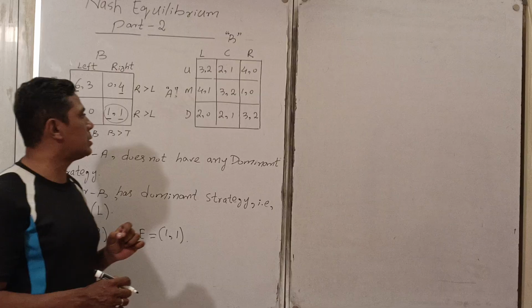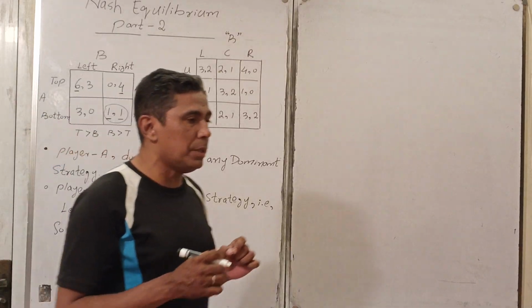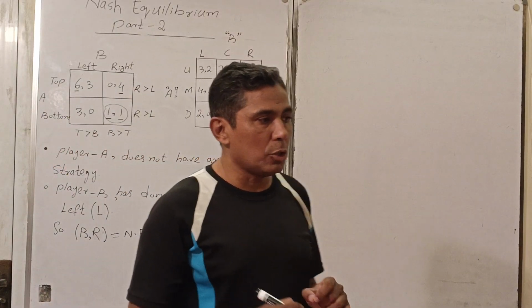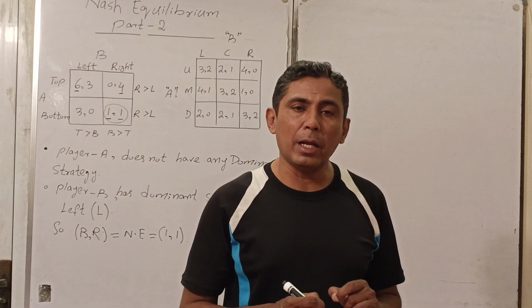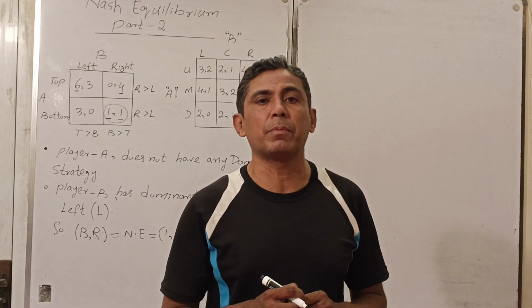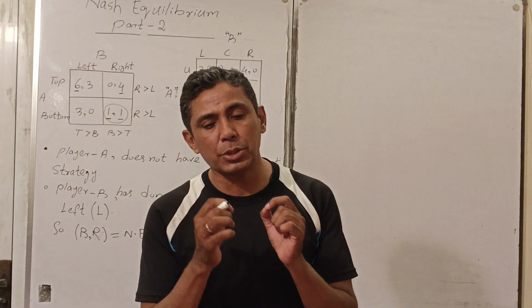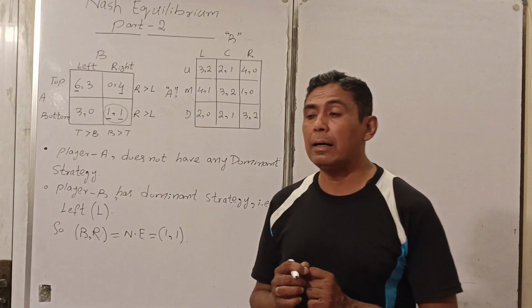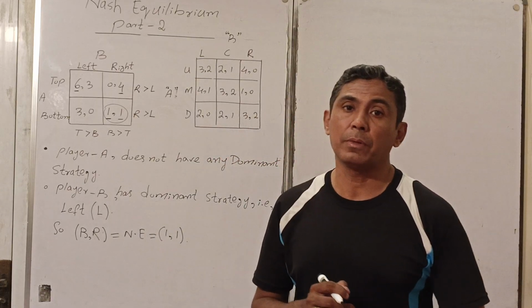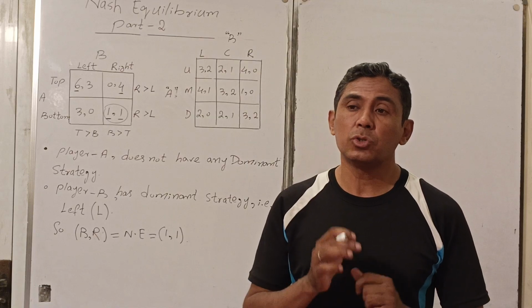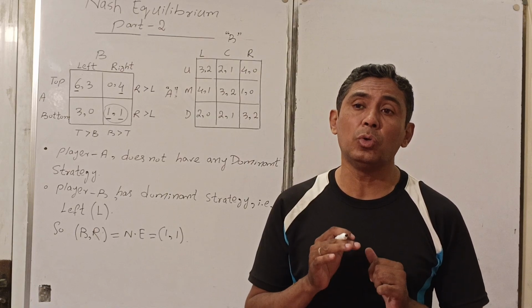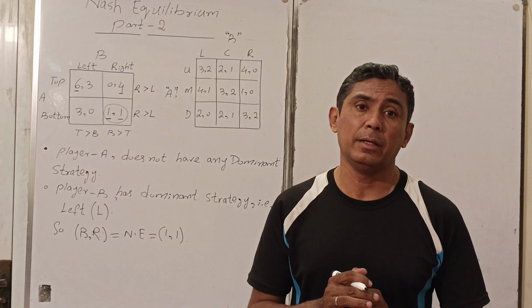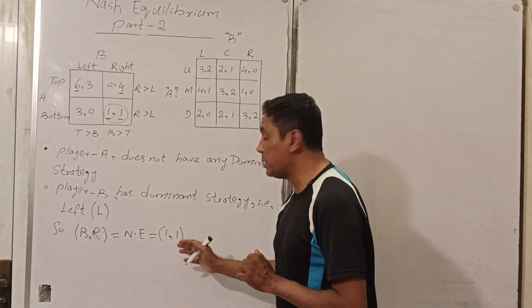Now what was our argument here? My argument was that whenever you have a Nash equilibrium, that Nash equilibrium should not be a regretful outcome. So what does it mean? It means you don't have any kind of regret after playing these two strategies.